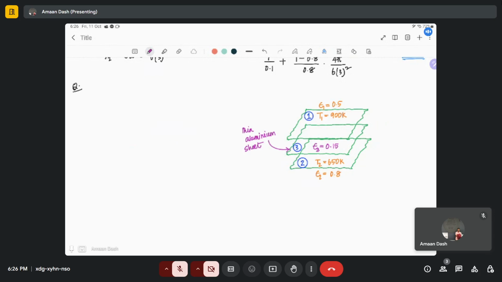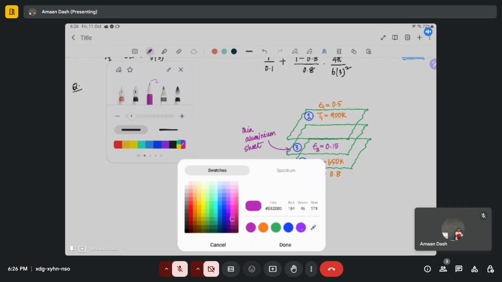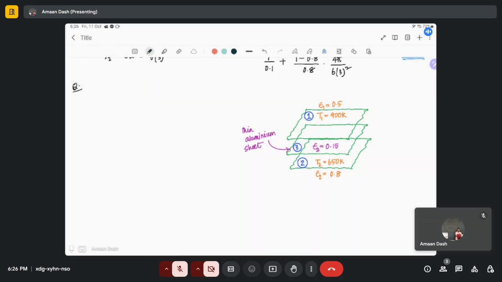So let me write. It is given a thin aluminum sheet with an emissivity of 0.15. So it is placed between two very large parallel plates.